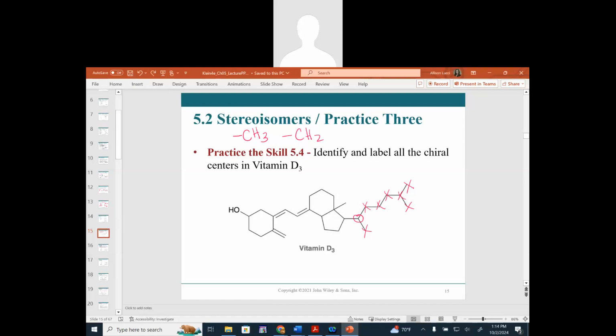Let's see, then we have this carbon here that has 4 different groups. Let's see, 1, 2, 3. These all have multiple hydrogens, so we can eliminate those, where all these X's are, etc. Right? So we can go through our compound.